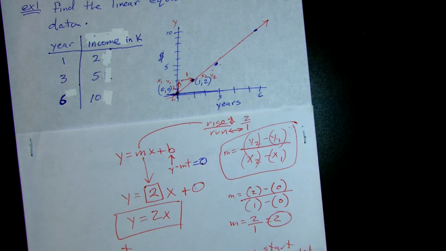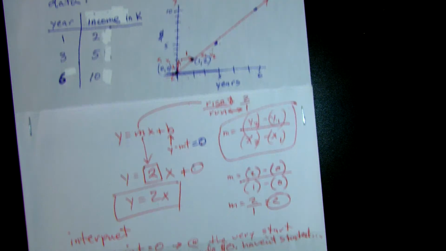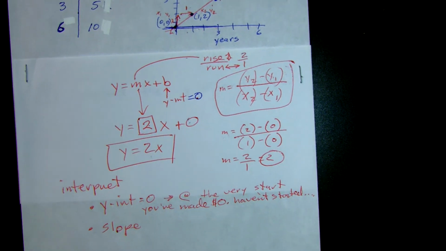Now, if it went through 1, you might say, well, I made $1,000 at year 0 because I joined a crypto mining club that had an incentive. There could be things that could happen where you got paid $1,000 at year 0.